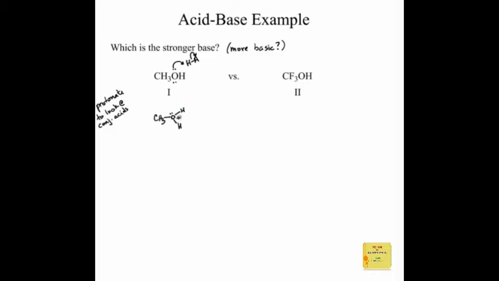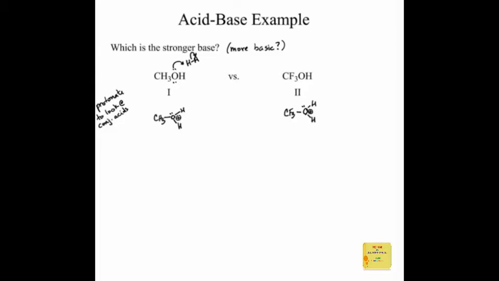It wants 6, so it'll give us an O+. If you add an H+ to a neutral molecule, you end up with a positively charged molecule. Okay, so that's conjugate acid 1. Conjugate acid 2, same thing, except instead of a CH3, we have a CF3.